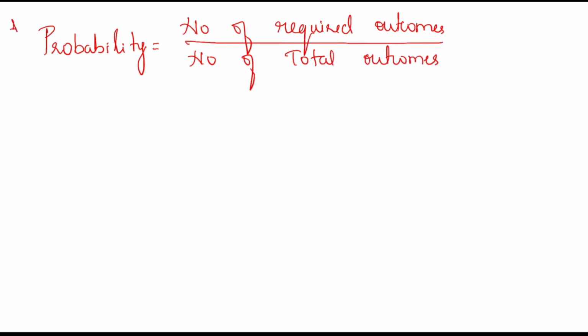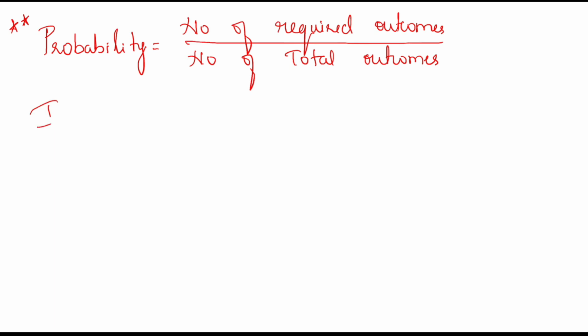This is very important. Based on this we will solve all the problems. Probability is nothing but the number of required outcomes, whatever is required, divided by the number of total outcomes. Just remember this and all the problems will be based on this.